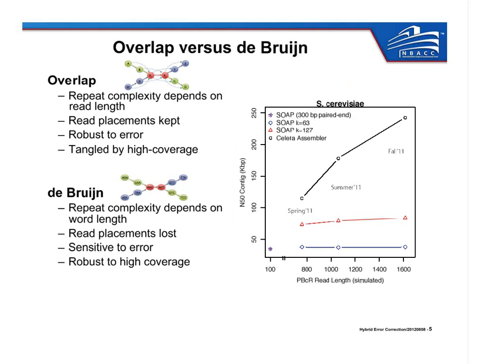The black line shows Celera assembler's contig size almost linearly increasing as the PacBio read lengths are improved. However, the SOAP de novo assemblies are flat based on whatever your choice of k was. So here's a k equals 63 and a k equals 127, which are the largest k-mer sizes currently available, and you see no improvement in contig size.